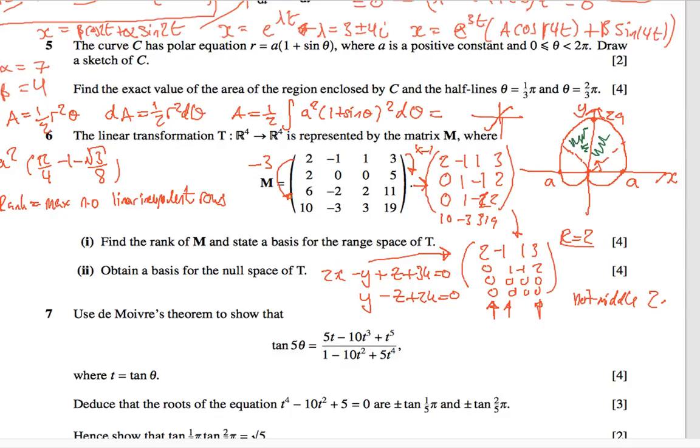So if you add these together, an easy way to see it is if you just add them, then you should get 2x plus 5k equals 0, which means x equals minus 5k over 2, and then using the second equation you can get that y equals z minus 2k.